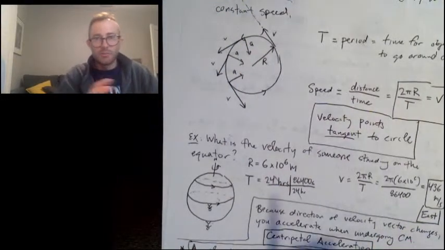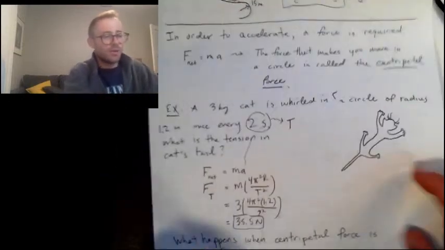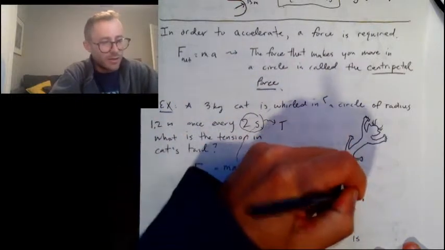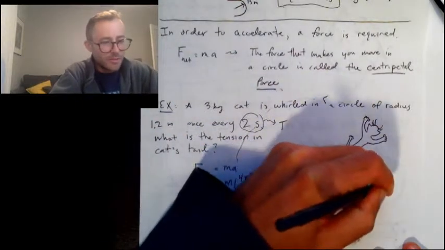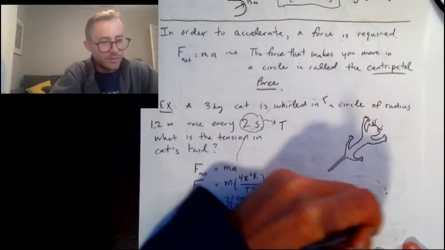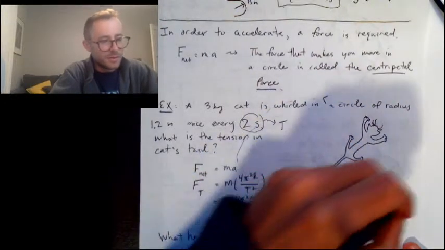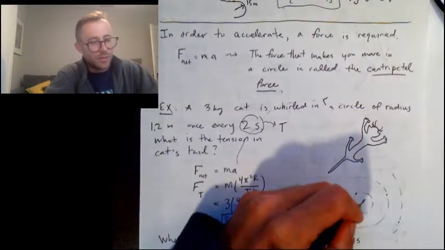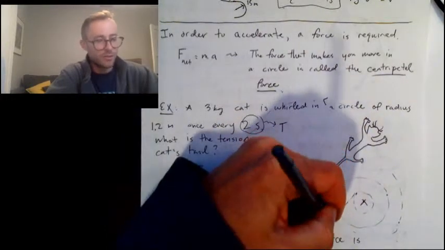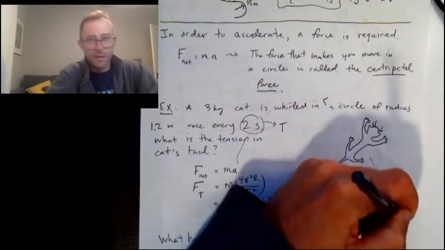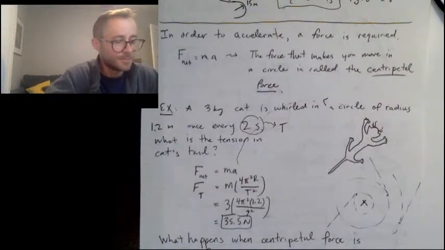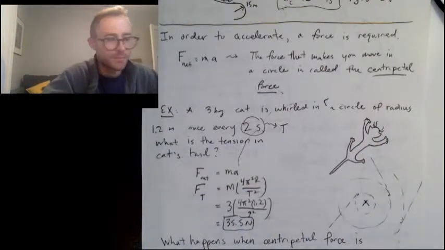If we thought about the solar system, here's the sun, and here are all the planets orbiting it at various locations. If the sun disappeared, all these planets would just get launched off in random directions, tangent to the circle, wherever they were in their orbit at that particular instant. So that's what would happen.